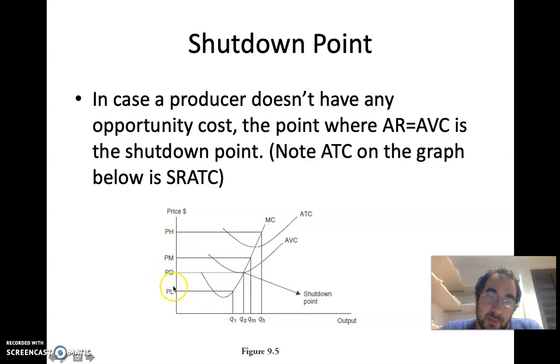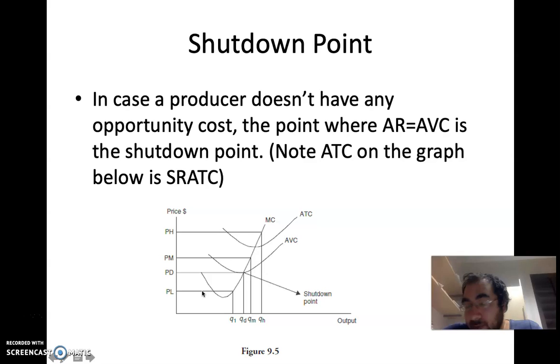If the price is below the minimum AVC, in that case the company won't be able to cover even its variable cost at any production level, and the company won't produce. So at price PL, the production level will be 0. It won't be Q1 actually, because the company will not choose to produce.